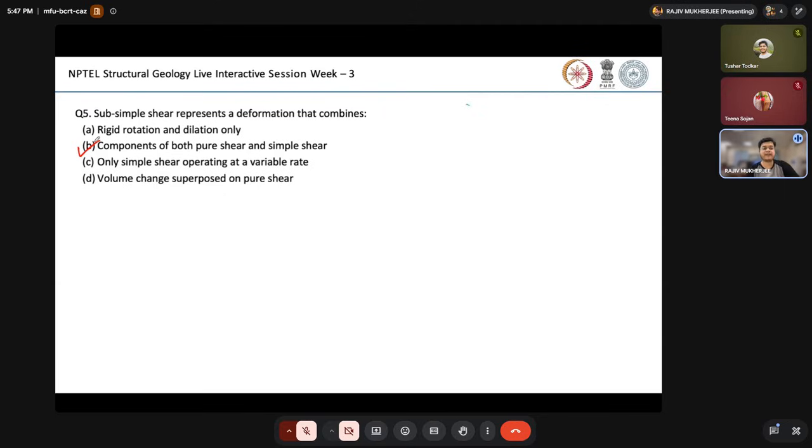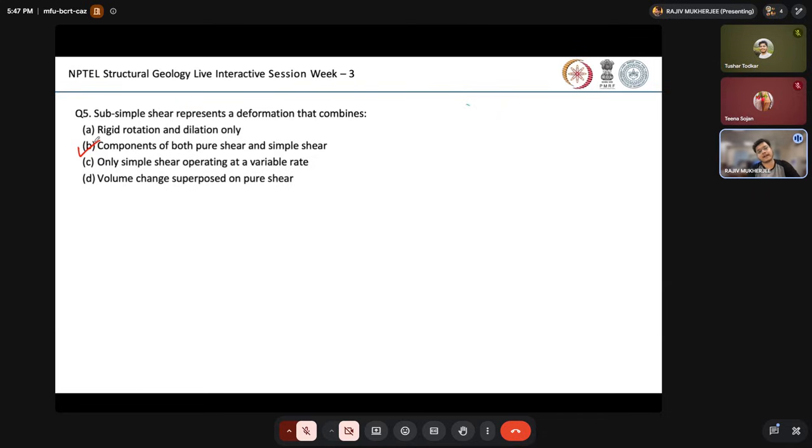But in the previous question, we already learned that simple shear has always been a non-coaxial deformation. That means it involves internally non-rigid rotational components, right? That we already cleared in the last slide.